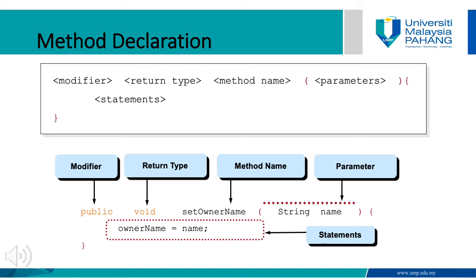As the example here, the modifier is public, the return type is void, the method name is setOwnerName, and the parameter is String name. Here you have to define what kind of parameter you want to put, either integer or string, and after that, inside the method are the statements.